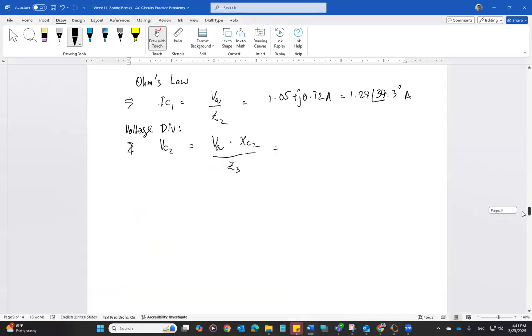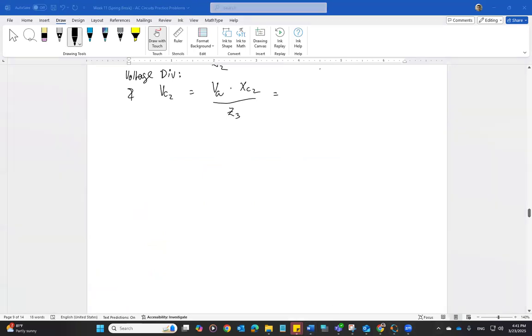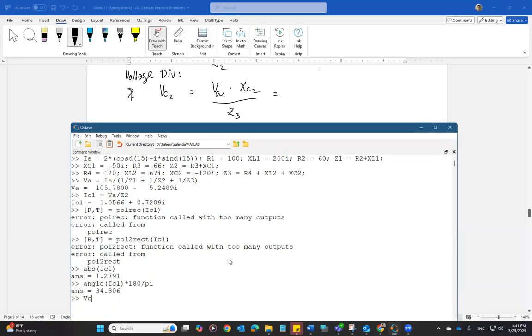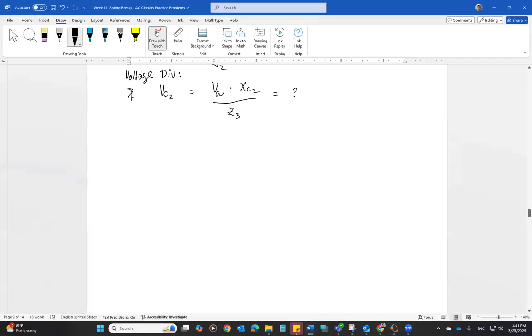VC2 is VA times XC2 divided by Z3. That gives 34.7 minus j90.45 volts.